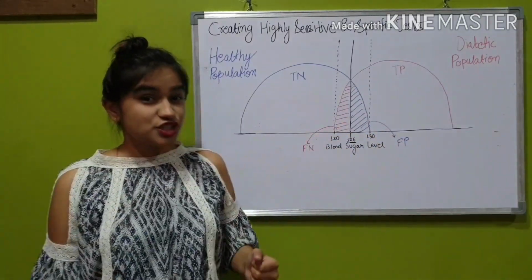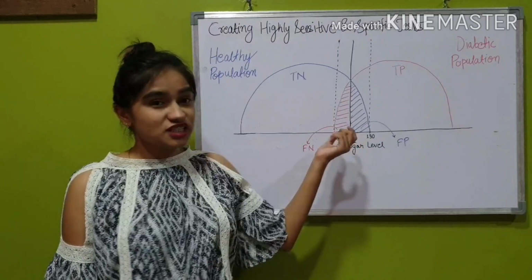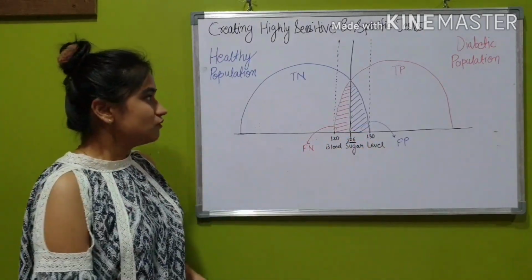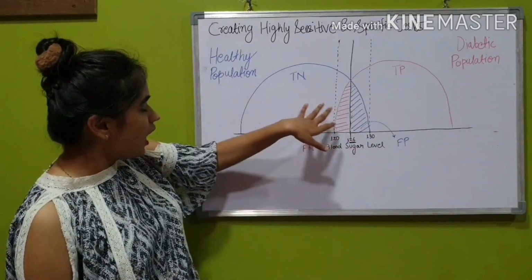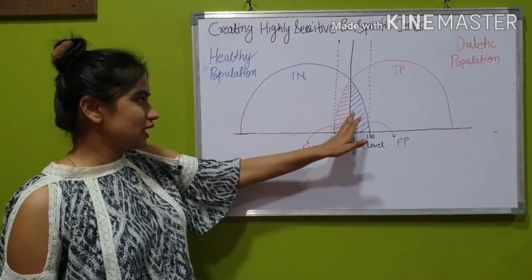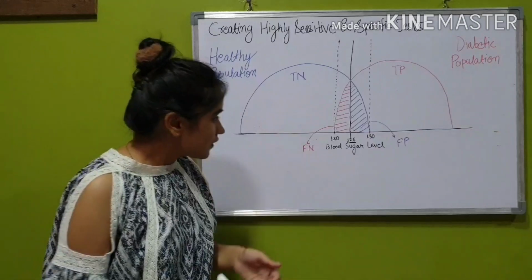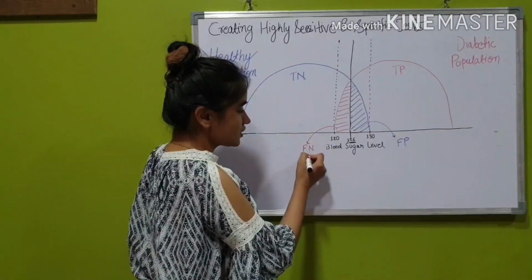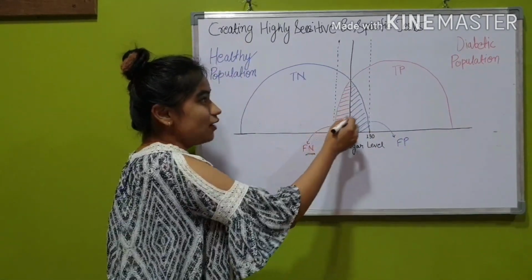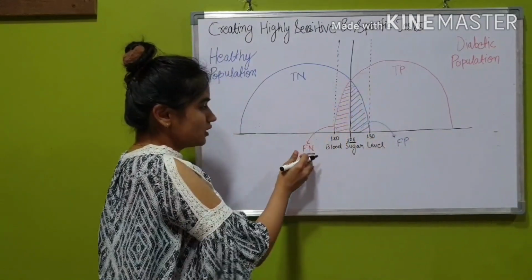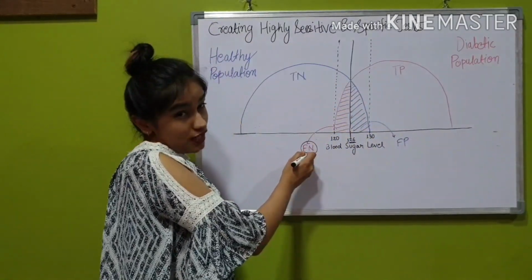When we establish the cutoff point to be 126 milligram per deciliter, we see that there are some people who are diabetic, but they are coming under the healthy population. That means they are false negatives. That means they are diabetic, but they tested negative for diabetes.